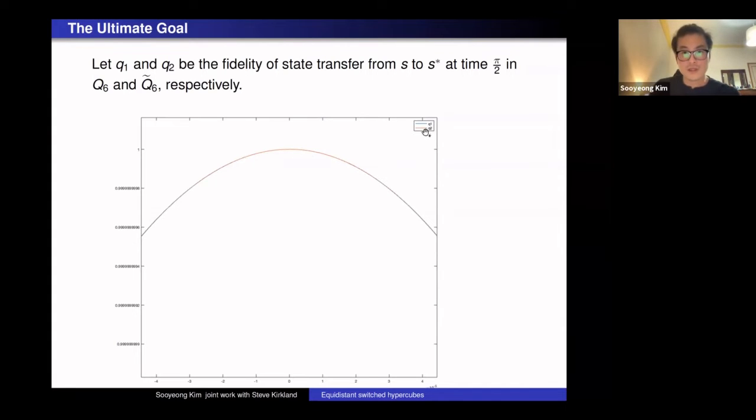In order to show that the resulting graph becomes insensitive, we need to show that Q2, which corresponds to Q tilde 6, is above the graph of Q1. In other words, the second derivative of the fidelity with respect to the edge weight for Q tilde 6 is greater than that of Q6, because the fidelity is decreasing.